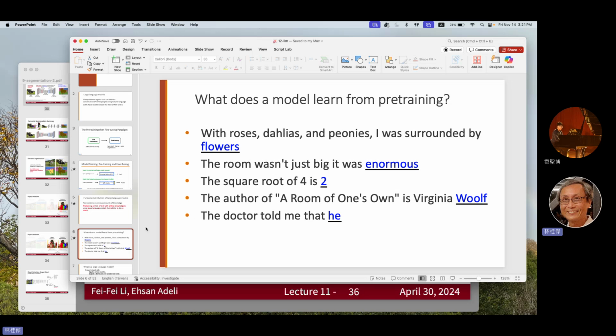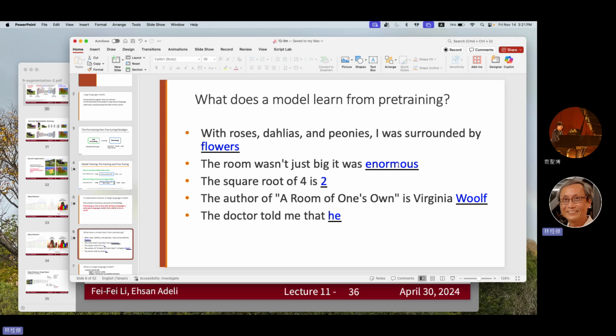But suppose I'm the LLM, I would just say the room wasn't just big, it was gorgeous. Would that be okay? It's still reasonable, right?